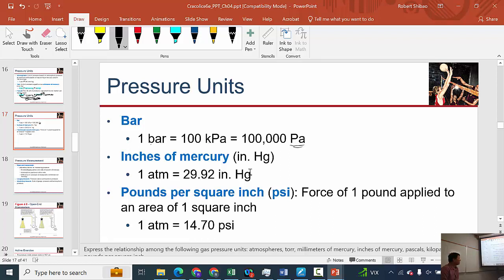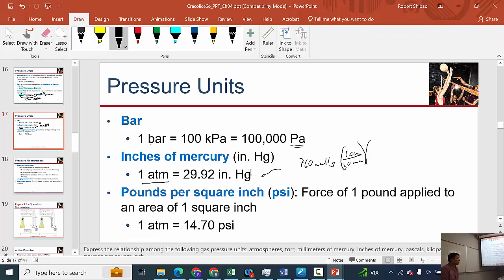Inches of mercury, we don't have to memorize this one. This one we could derive. The way we derive it is like this. 760 millimeters is 1 atmosphere. And then we go from millimeters to centimeters. In 1 centimeter, there are 10 millimeters.